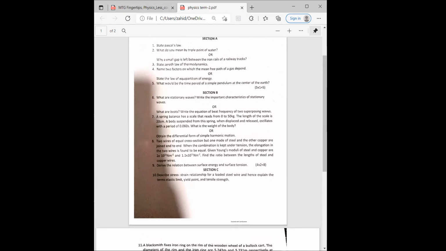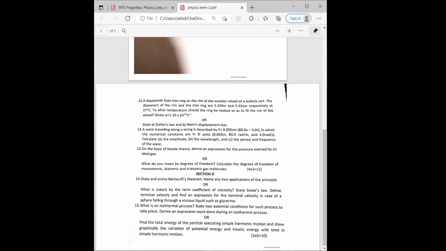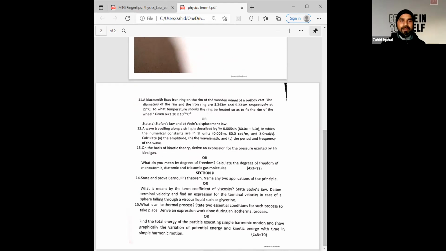So from this chapter, there will not be many numerical questions. You'll be asked numericals from thermal properties of matter, SHM, and waves. That's it.